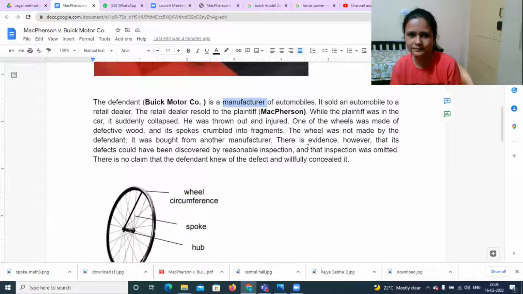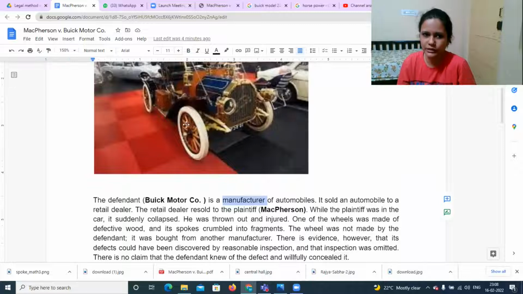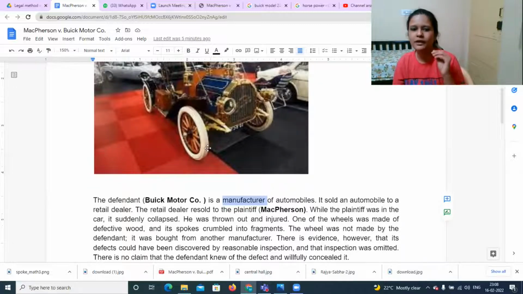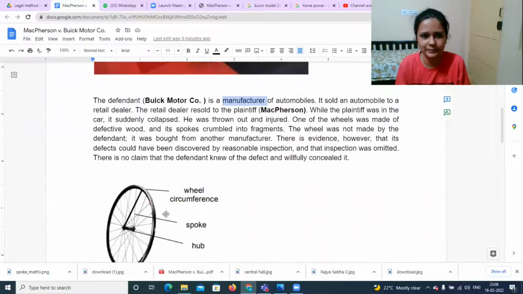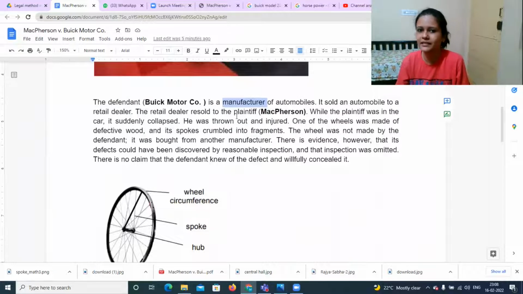And one of the wheels was made of defective wood. That was the reason. These wheels are made of wood, and because one of those wheels was made of defective wood, it broke down into tiny pieces. As a result, the plaintiff sustained injury because he was thrown out of the car.